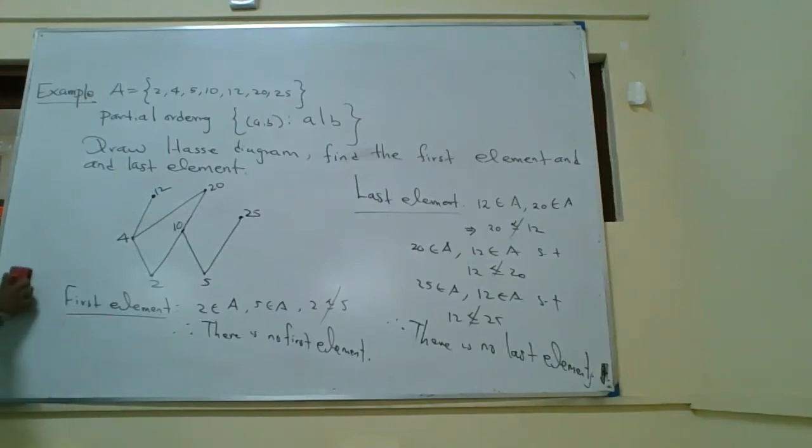First of all, you want to understand the definitions of first element and last element. You understand the definition, then you can easily apply the case diagram and easily find the first element and last element.